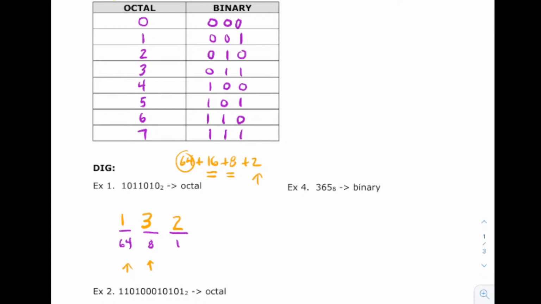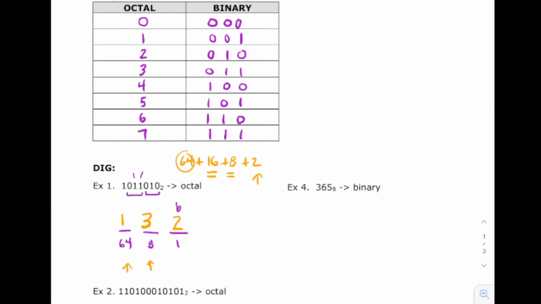Here's what I want you to dig. Notice that where we got this 2 was by looking at this part of the number. We had a 1 in the 2's place, which gave us 2. And where we got the 3 8s was we had something in the 8's place, and then this is the 16's place.